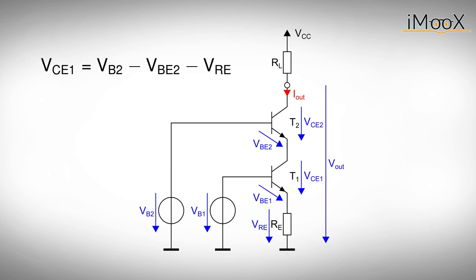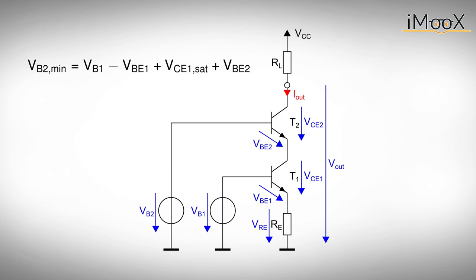The second base voltage VB2 is selected in such a way that the lower transistor T1 operates in the active regime, just like it did in our previous circuit. We already calculated the lower boundary for the voltage at the collector of T1. We add the base emitter voltage of T2 and get the minimum second base voltage VB2.